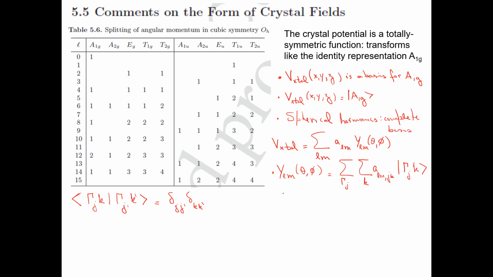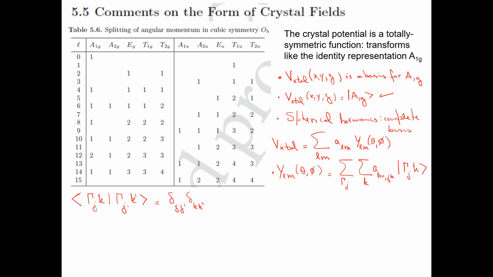But then let's again look at this problem in this particular case, when we know that V crystal is a basis for the A1G representation.